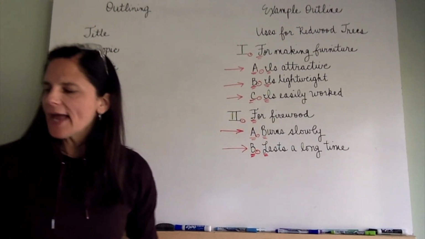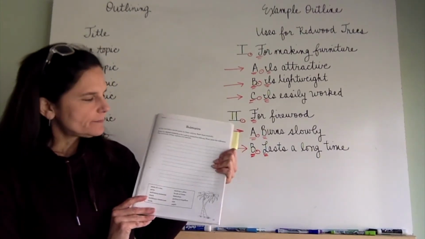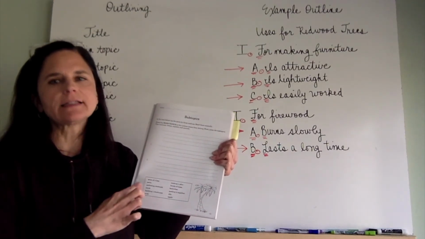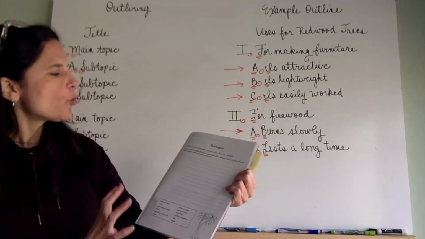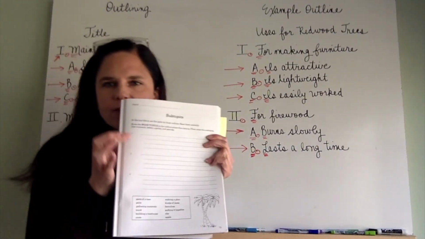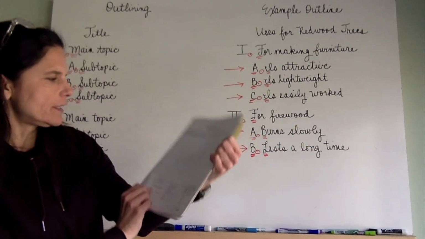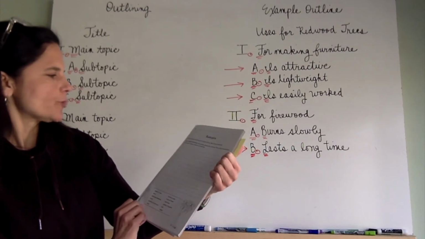So I have uploaded a practice sheet where all of the information that you are to outline is already given to you in a box at the bottom of the page. Your job is, it says 1, 2, and 3. There are 3 main topics down here, and this is about, I guess, the parts of a tree.